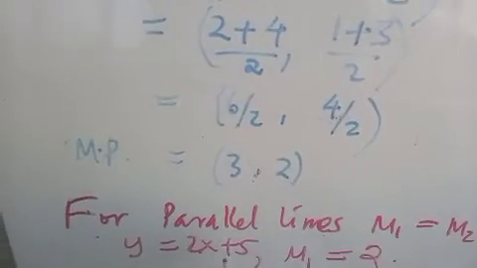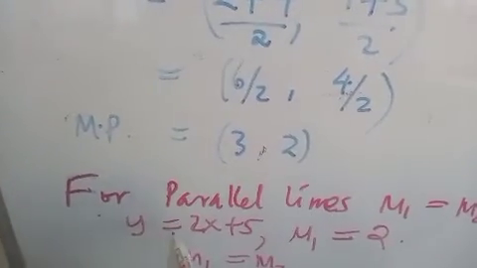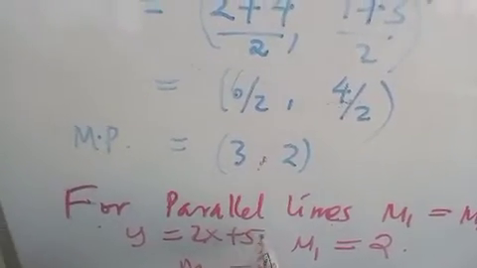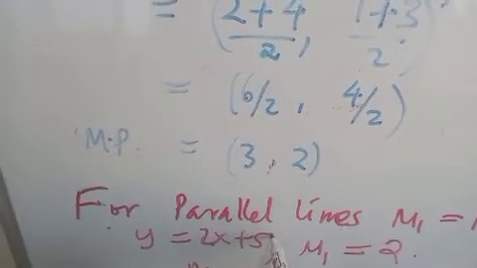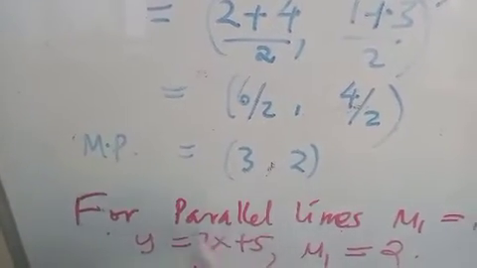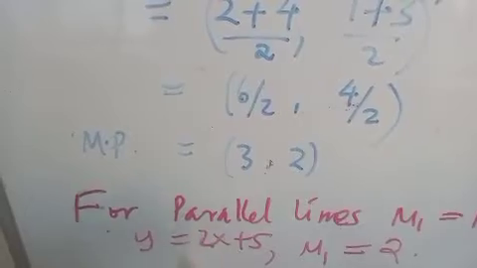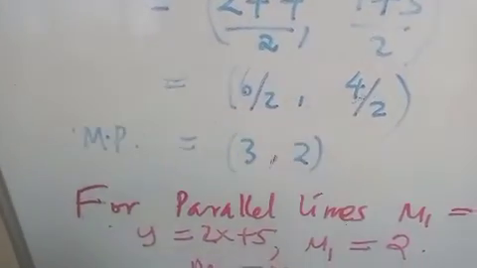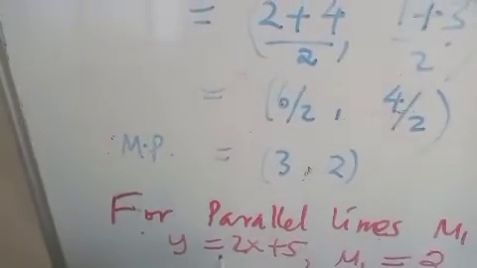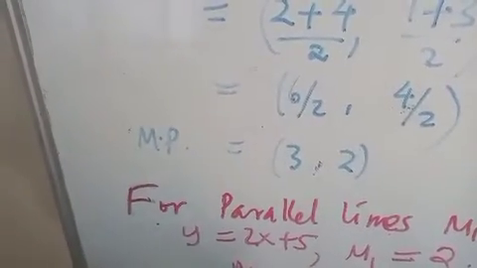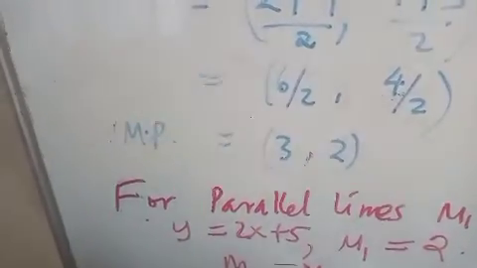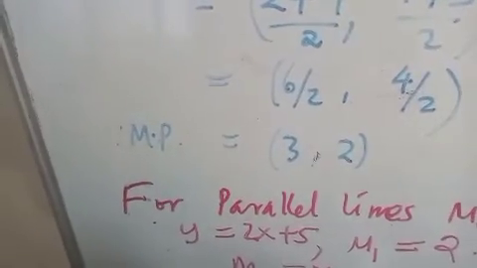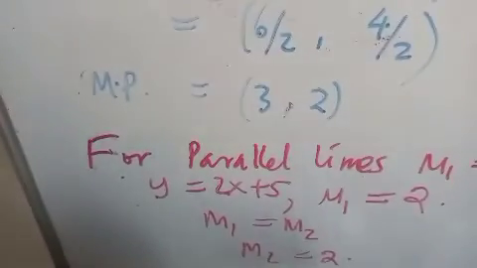From equation 1, which is y = 2x + 5, we know that the slope of this equation is equal to 2. Therefore, for parallel lines, m1 is equal to m2, so the slope of line 2 will be equal to 2.